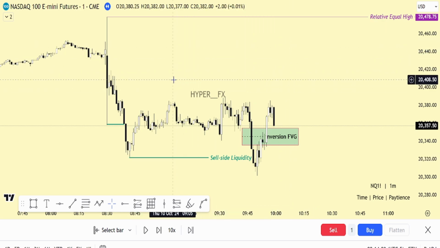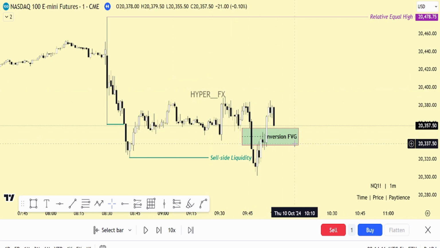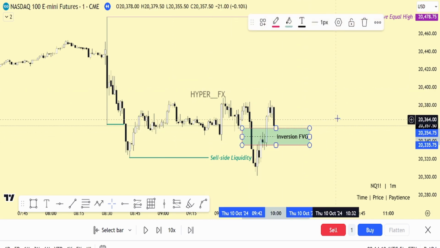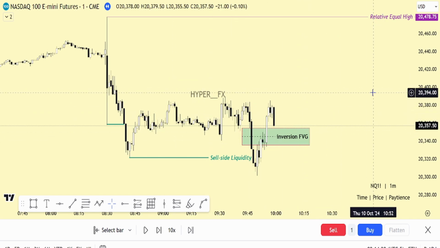I could have paid a fortune for someone who would be able to tell me where price is going to go next. In my early stage of development as a trader, I couldn't confidently look at the chart and pinpoint where price is going to go next.